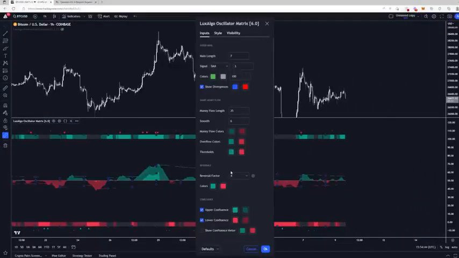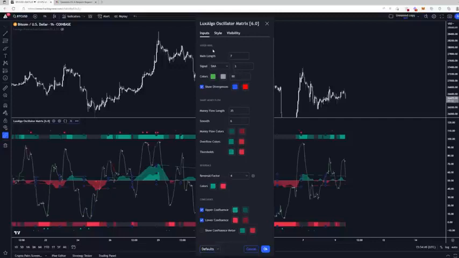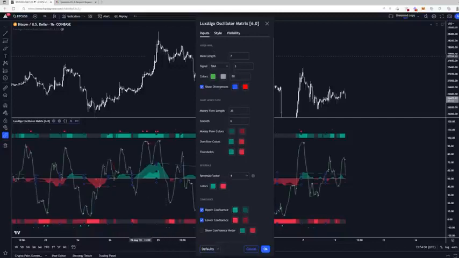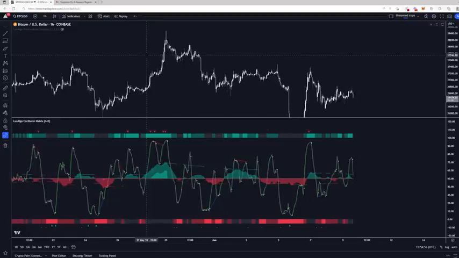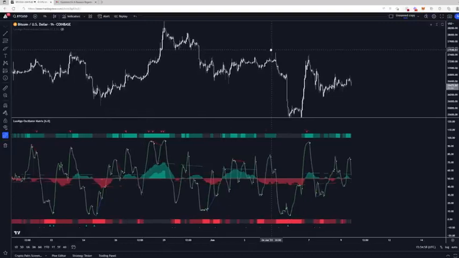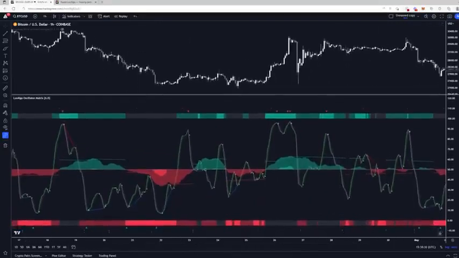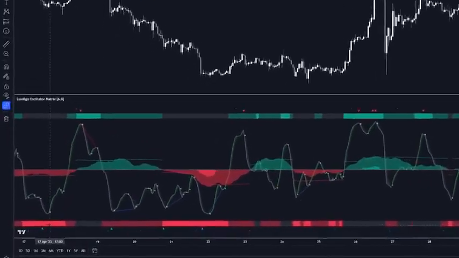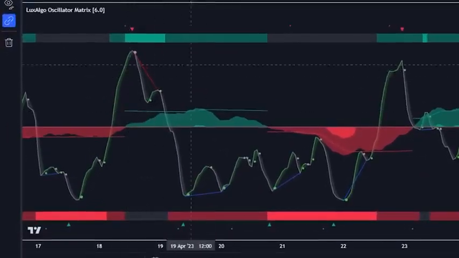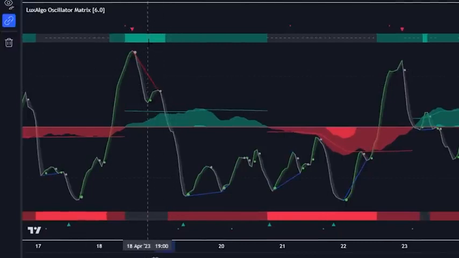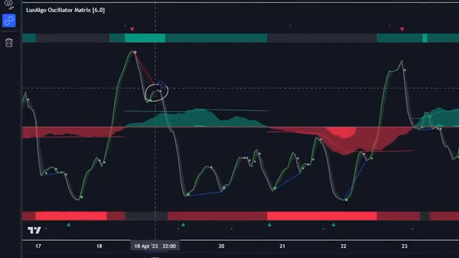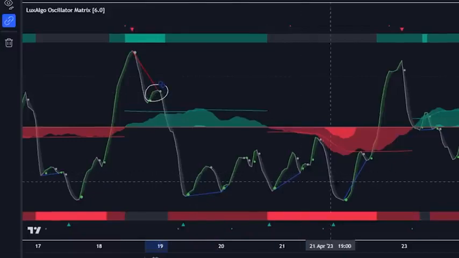Now let's go back into the settings and actually enable the hyperwave oscillator and its real-time divergences and see how we can use that together to get better indications for analyzing the price action. Okay, so we have the hyperwave oscillator enabled here, which is just this green and gray ribbon, also giving us these real-time divergence signals that are appearing with the red and blue labels.